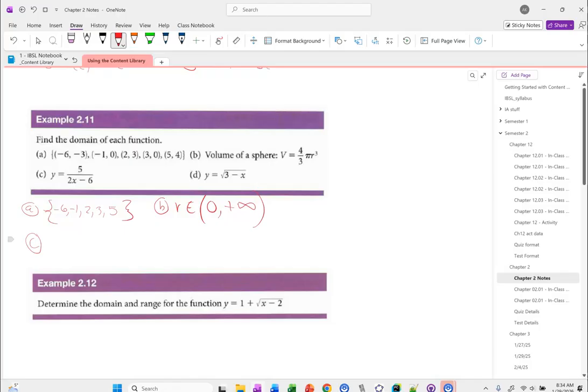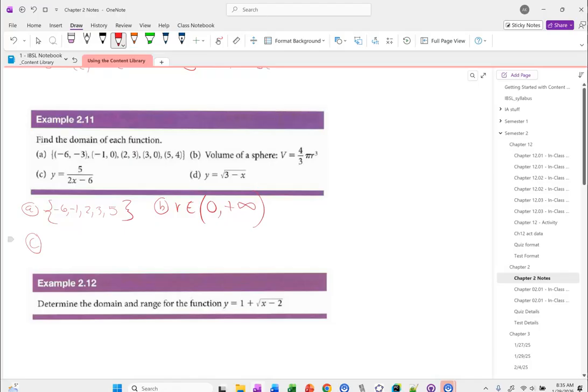Domain for C. So that's again going to represent all the x values that I can plug into that function and still get a y to come back out, right? What x values am I going to have to worry about? Because the x is in the denominator of the fraction, I have to worry about when the denominator becomes 0.